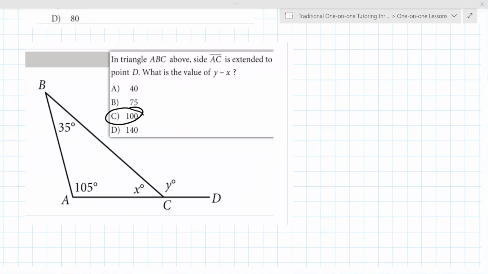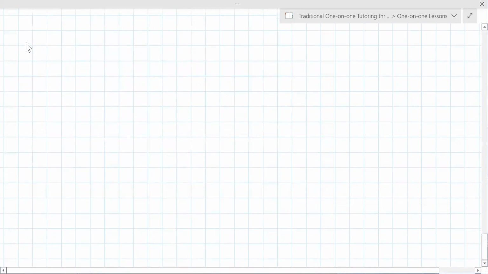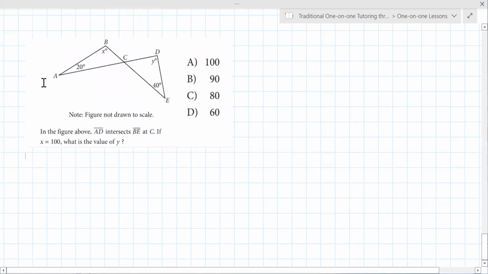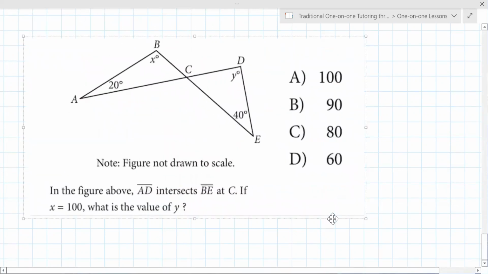All right, so here's another problem I think you can try on your own. Make it a little bigger. Not drawn to scale.